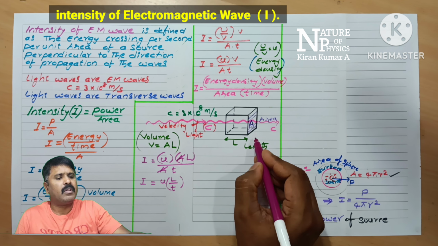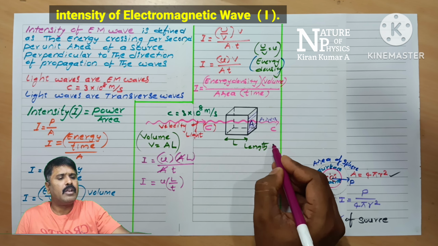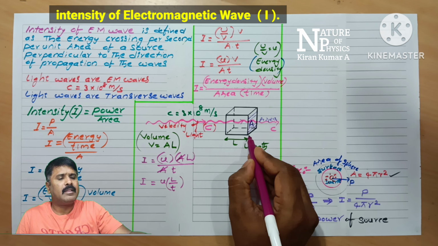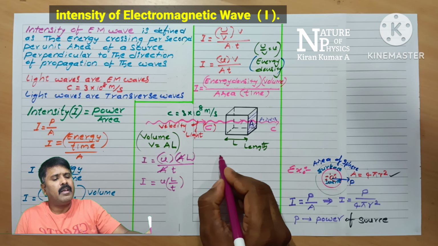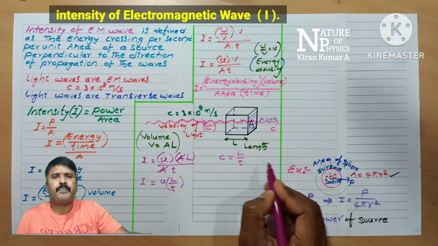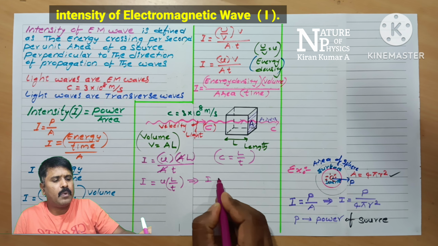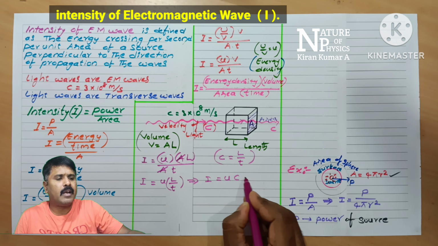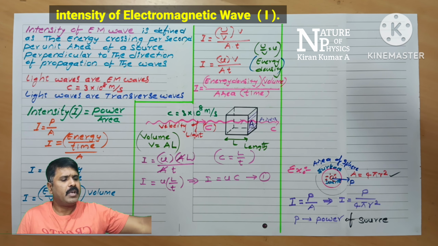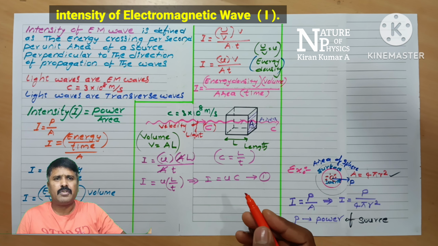Consider light propagating along a cube, where the area is A and the length is L, and light is propagating across the area A. The velocity of light C is equal to L divided by T. So replacing, the intensity is equal to u times C. I can write this as equation number 1.